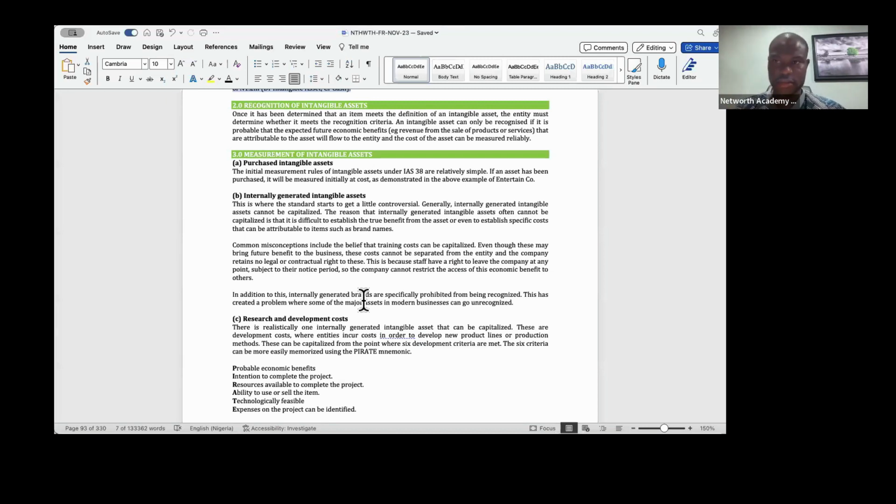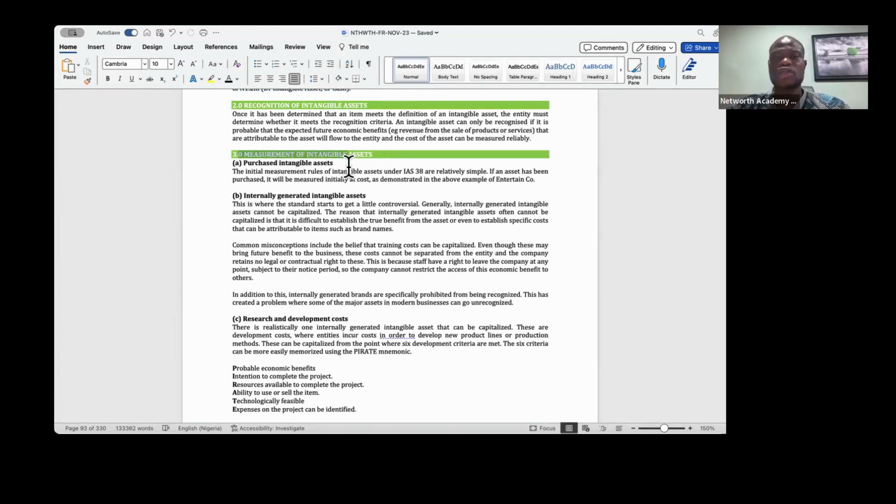It's the same for intangible assets too. An intangible asset can only be recognized if it is probable that the expected future economic benefits attributable to the asset will flow to the entity, and the cost can be measured reliably. The same thing as PPE.